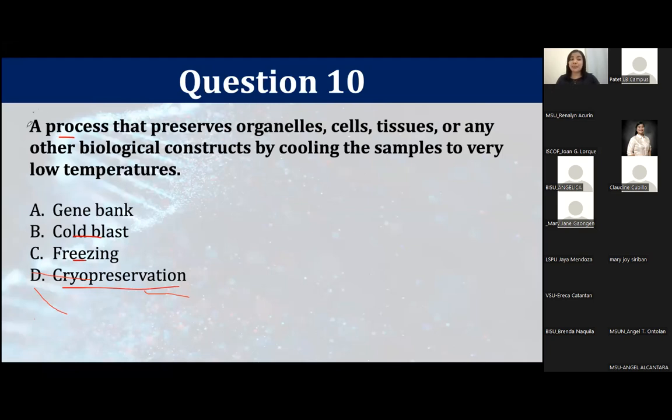Anong ditong term nakikita ninyo sa question? Why you have come up with the term cryo-cooling, cryoprotectants? Freezing is also a preservation. Ayan. Okay. So, pwede din naman na tawag dito na sagot itong ibang ito, pero syempre, multiple choice class.